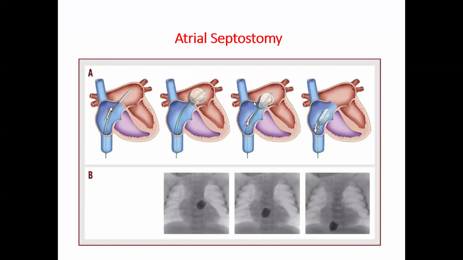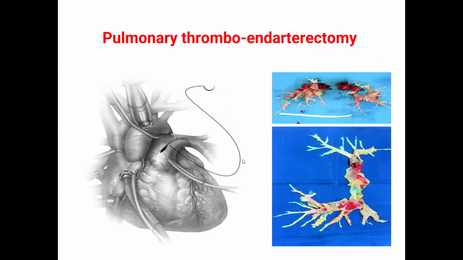Okay, the reason we do this is to improve the hemodynamics in patients with pulmonary hypertension. Pulmonary thromboendarterectomy. This is a very complicated procedure. It's done under bypass, and they open up the pulmonary artery and remove the blood clots, as you see here in this picture.